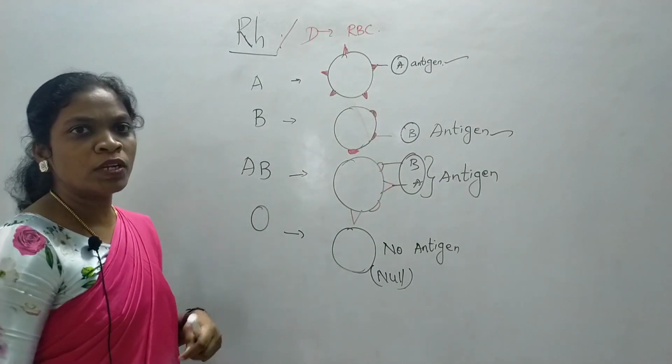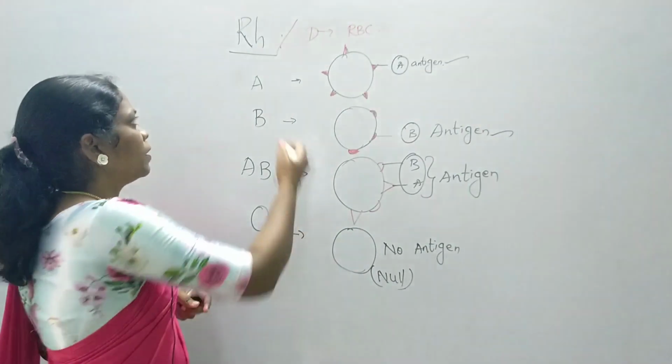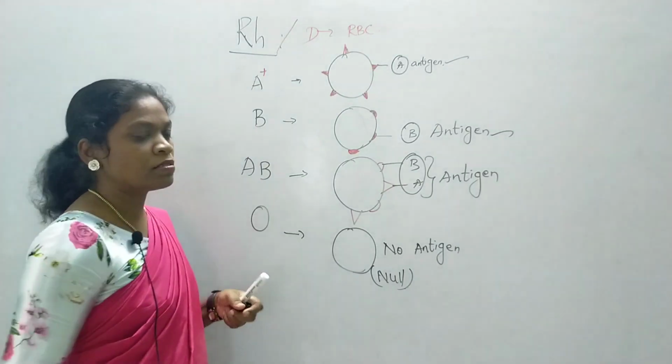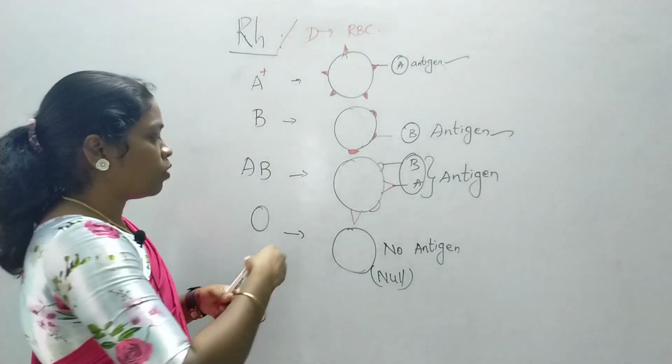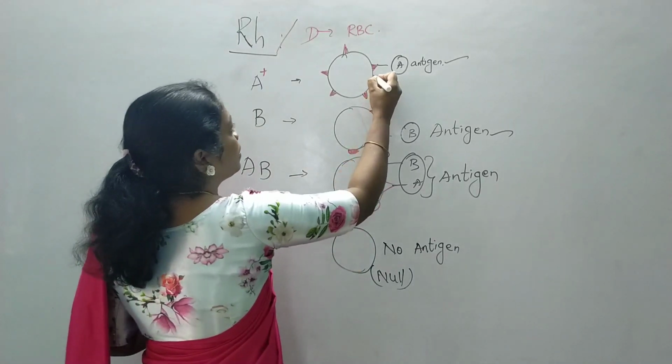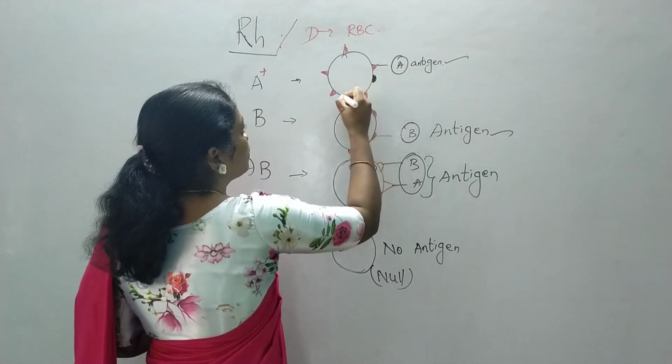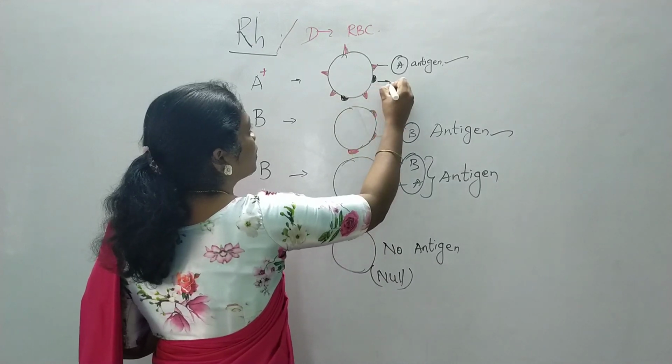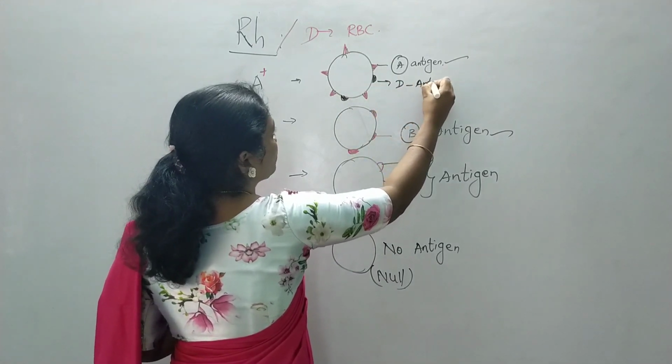Imagine if this individual has a positive blood group, suppose he is A positive, he will also have one more antigen on the surface, that is the D antigen.